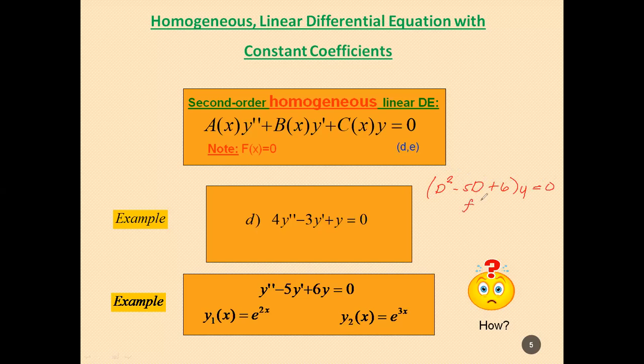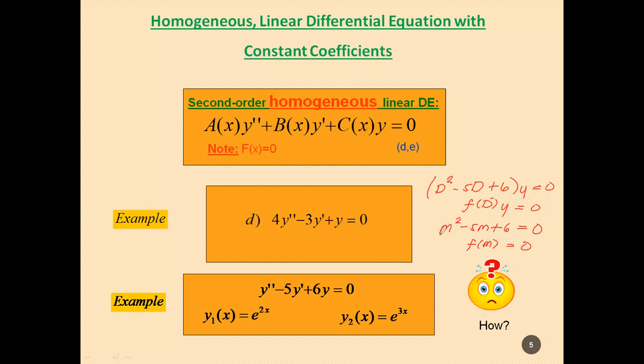This is comparable to f of d of y equal to 0. You just get rid of the y and change the d's here to m. That would mean m squared minus 5m plus 6 is equal to 0. This expression is now the f of m, which was equated to 0. This is the expression you saw in the slide that we discussed a few minutes ago.